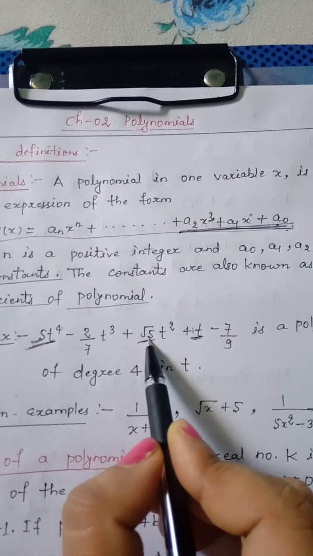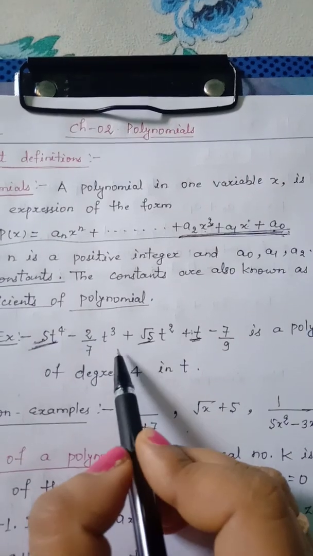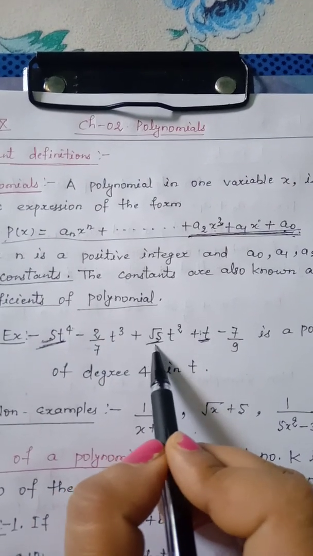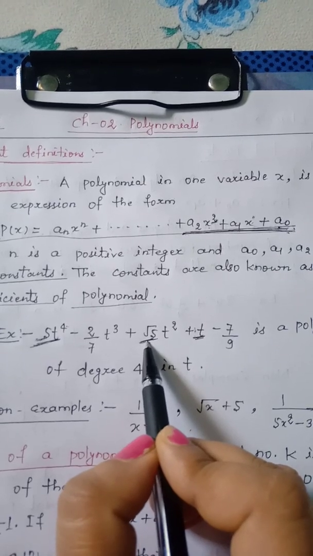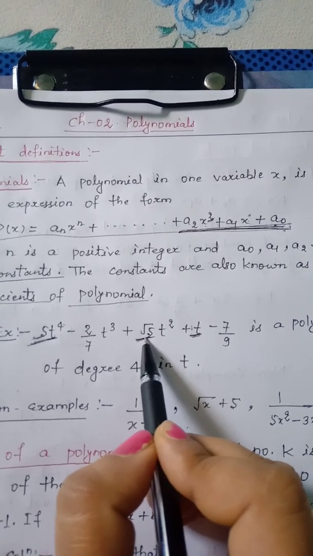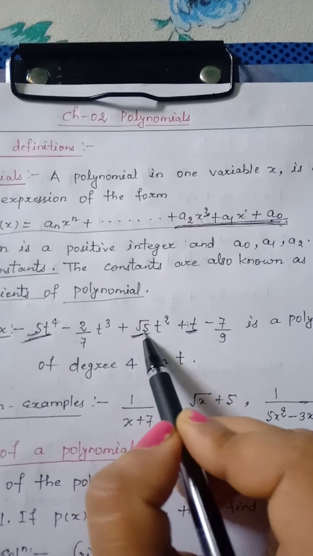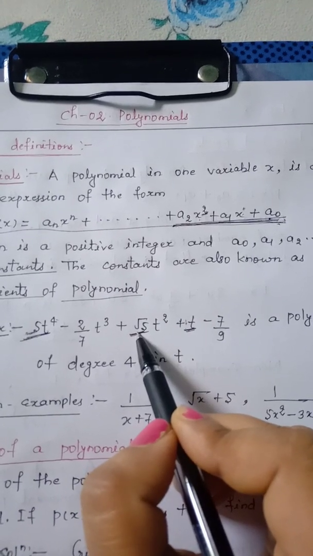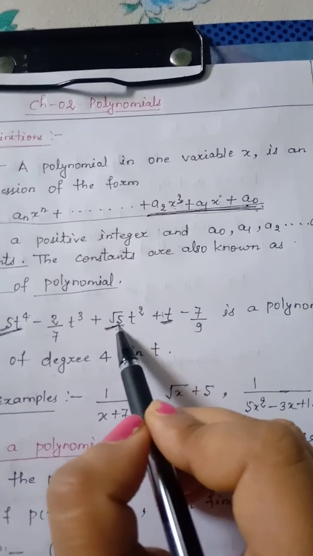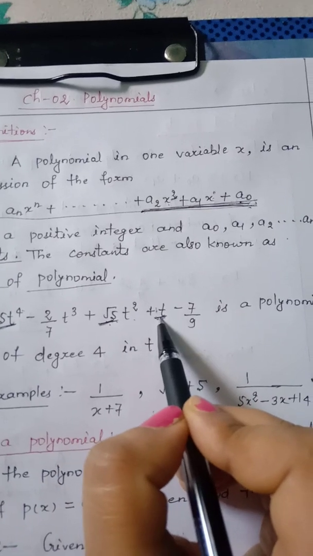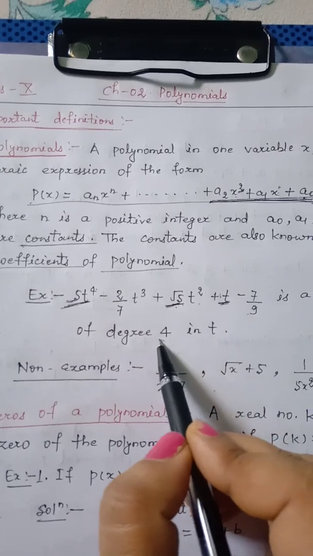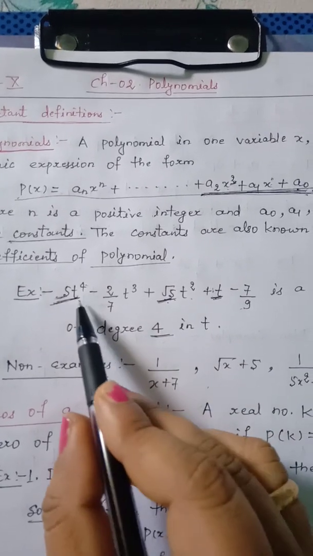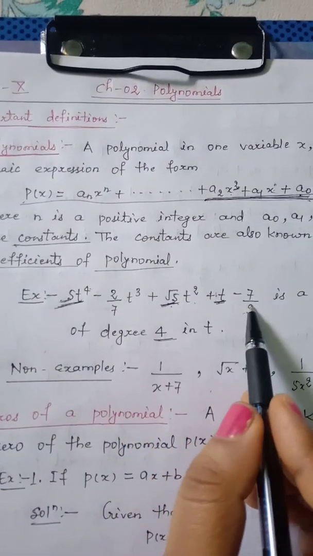In the definition it is already written that a0, a1, a2, a3 should be real numbers, including irrational numbers. So this, root 5 t square plus t minus 7 by 9, is a polynomial of degree. What is the degree? Degree means the highest power of the variable.